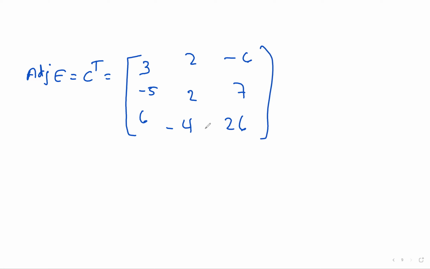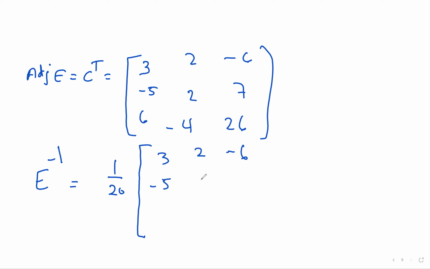So to write the complete answer, the inverse of matrix E is equal to 1 over 20, the determinant of E, multiplied by the adjugate of E, which is 3, 2, minus 6, minus 5, 2, and 7, and 6, minus 4, 26.